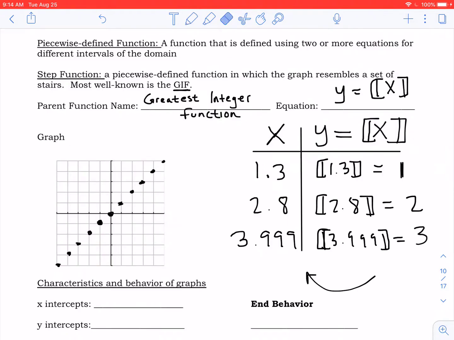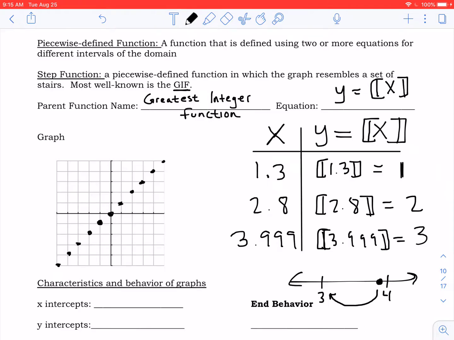If you imagine this on a number line, here's 4, here's 3, here's 3.999, and yet the greatest integer function takes it to the left, or down, to 3.